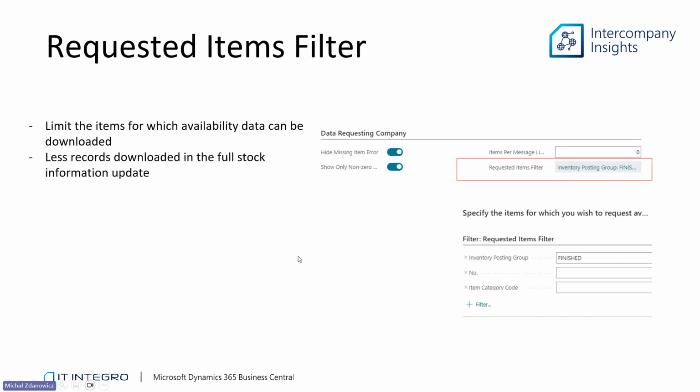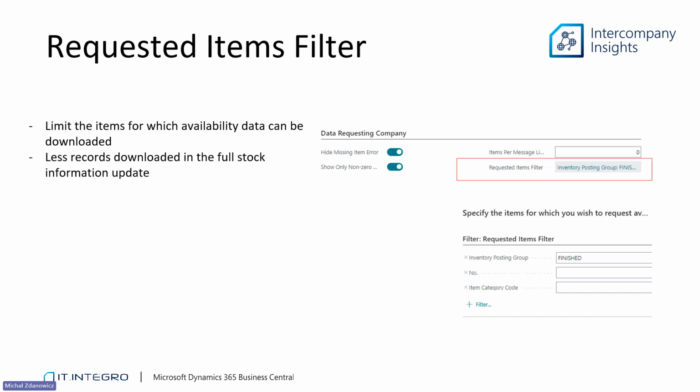Then in the data requesting company first tab, we added a new field. It's called requested items filter. Requested items filter can help you to limit the data which will be downloaded from the data sharing company.